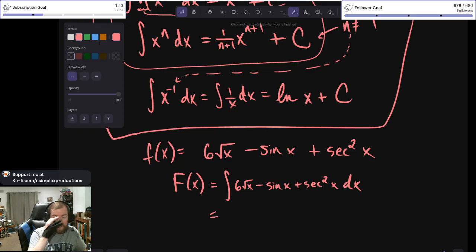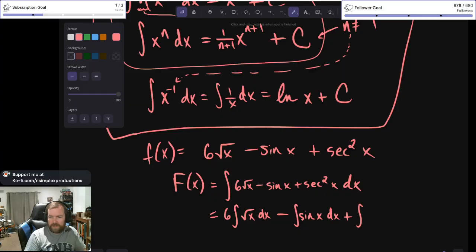So when we take the antiderivative of all this stuff, we've got 6 times the integral of root x dx, minus the integral of sine of x dx, plus the integral of secant squared of x dx.